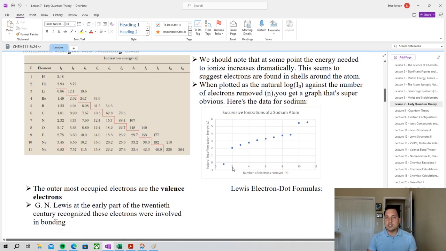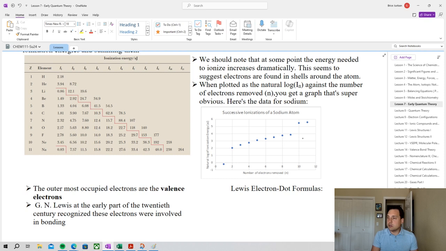An easy way to visualize this is shown here in this graph, where I took the number of electrons removed and plotted it against the natural log of the ionization energy. When we do this, we pretty much get 3 regions. We get region 1, region 2, and region 3 up here.